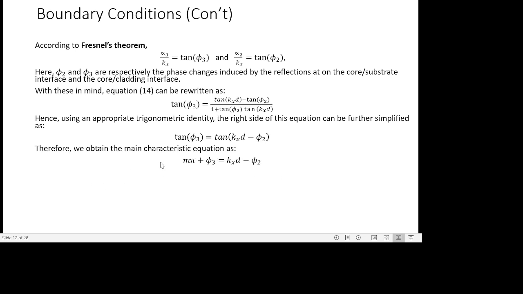So by equating the arguments of this equation, we get this. Because we have to make the case general, we have to add m pi here. So finally, this is the characteristic equation.